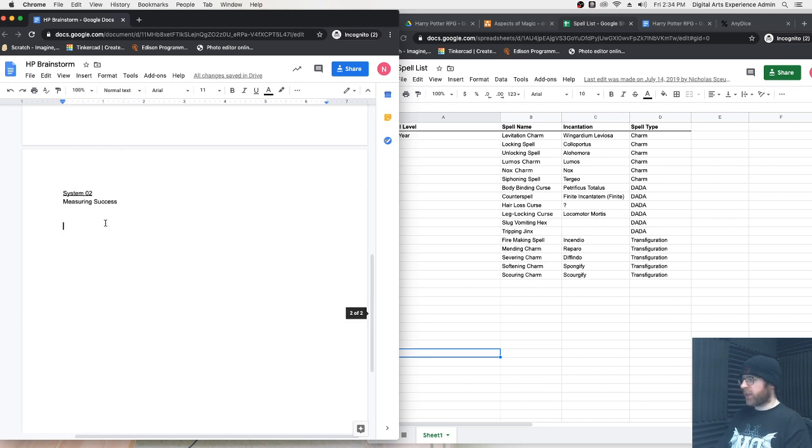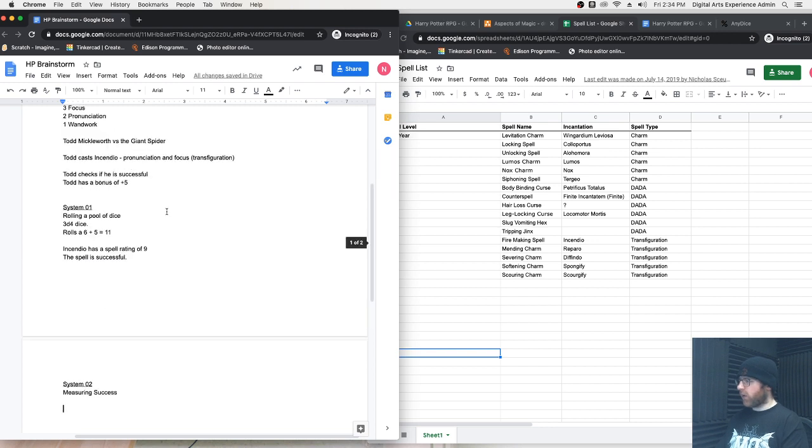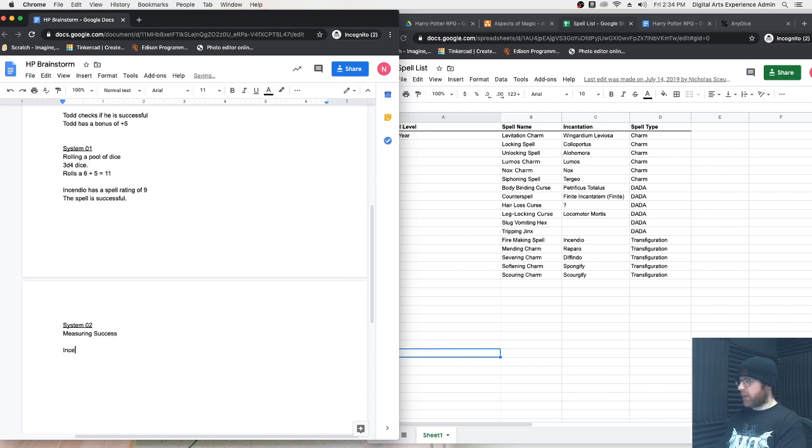So the idea of measuring success, rather than comparing a bunch of numbers and adding them all up, I was wondering if it makes more sense to have a spell require, say, 3 successes for it to be successful. So, for example, let's say Incendio requires 2 successes.